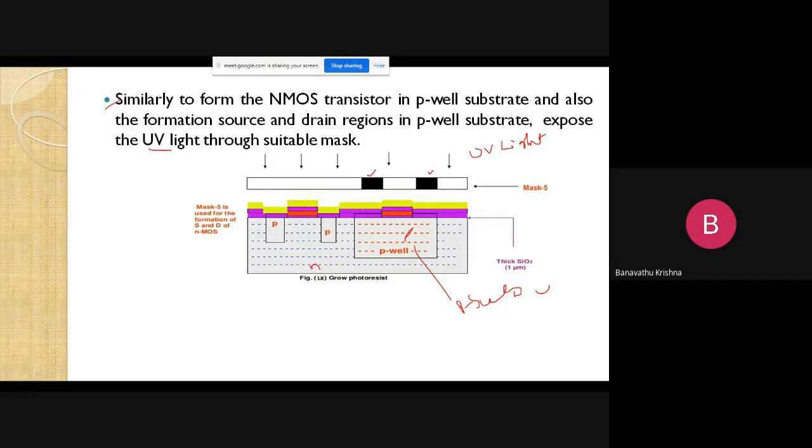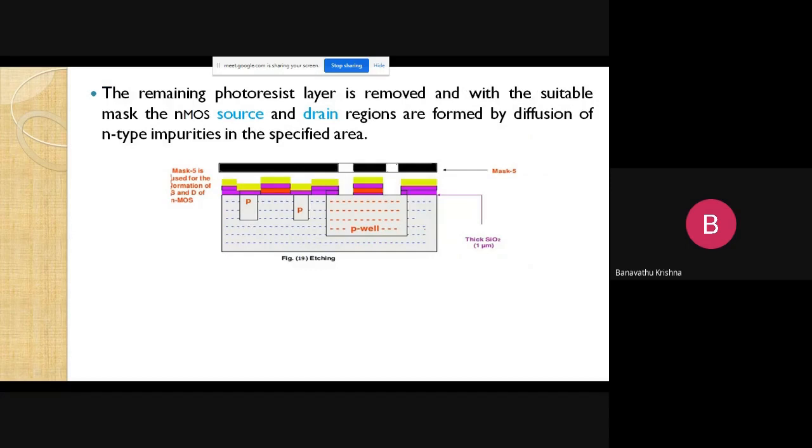So the remaining area is hardened and this area is softened, so we need to remove this part of the area and this part of the area, because we need to implant or diffuse the N plus diffusion impurities into this P-well for the formation of the N transistor and N channel. The remaining photoresist layer is removed, and with the suitable N mask, the source and drain regions are formed by N-type impurities in the specified rules.